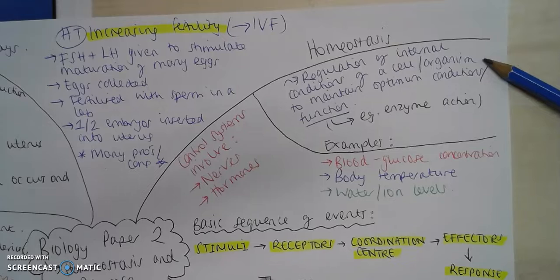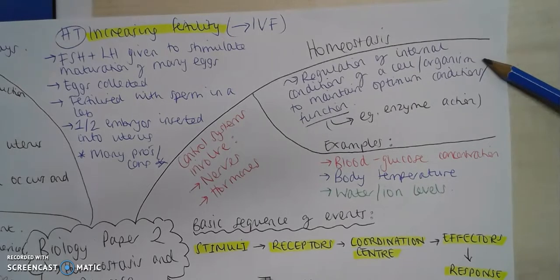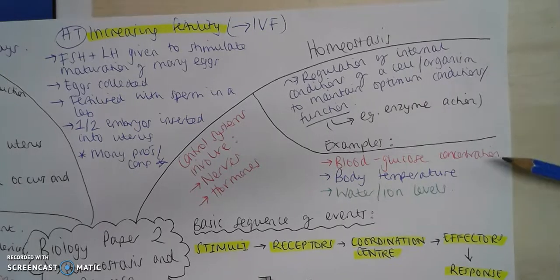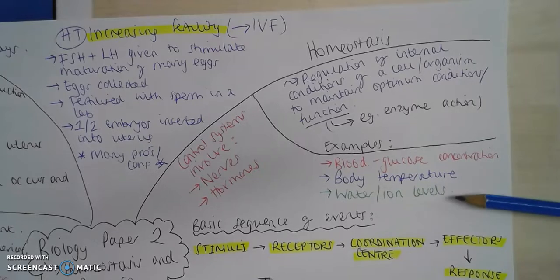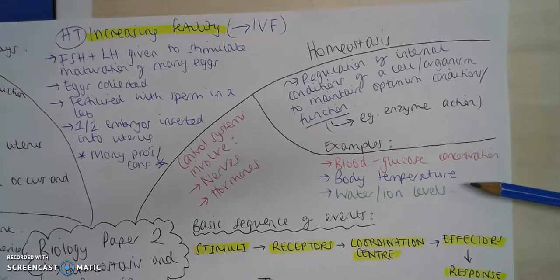So it's about ensuring that at all times body systems are working to constantly maintain the optimum blood glucose levels, body temperature, maintaining that at 37 degrees, and the correct water and ion levels throughout the body. So whenever those things get too high or too low, the body will undergo a series of processes to rectify it back to the normal optimum conditions for function.